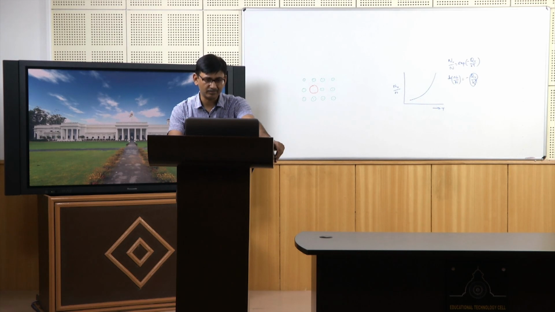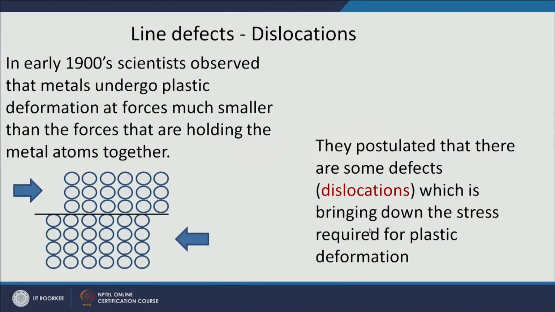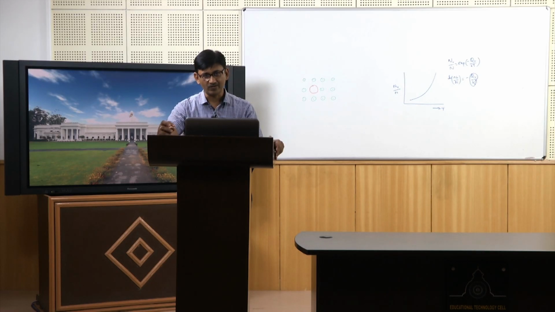Okay. So, then people postulated that there may be some defects in the material which are helping us to deform a material at a very low force, which requires much lower energy, and they started calling them dislocations. Okay. And why this dislocation requires less force, I will show you in the next slide.